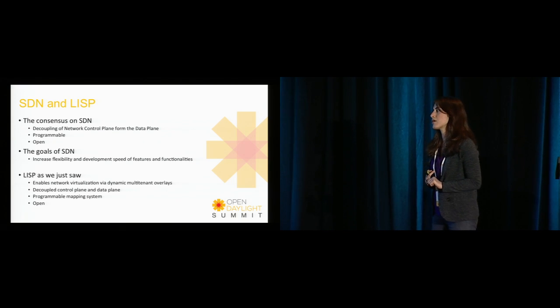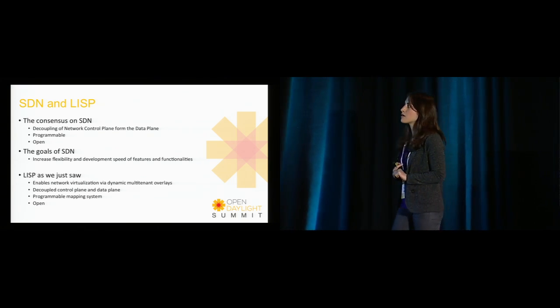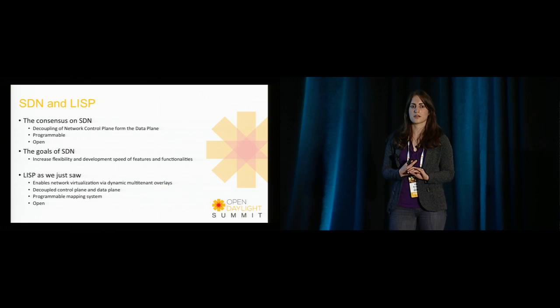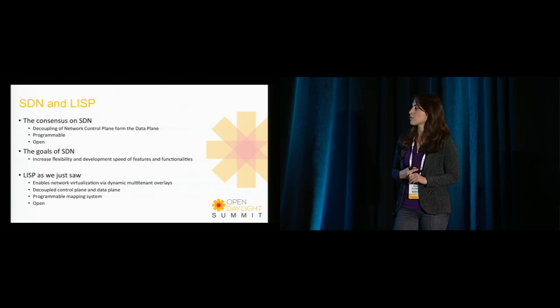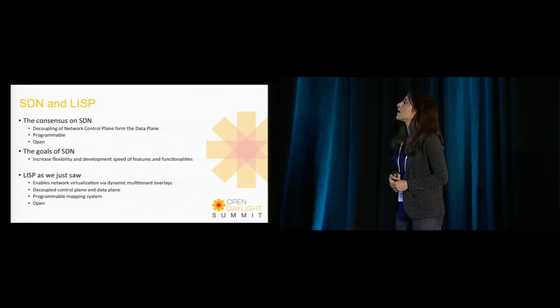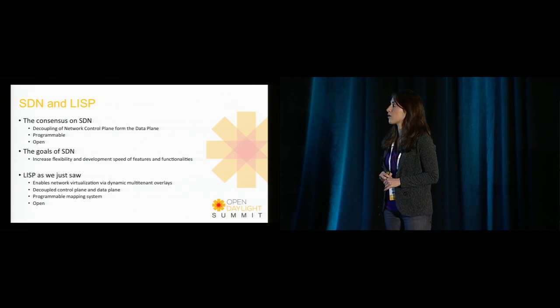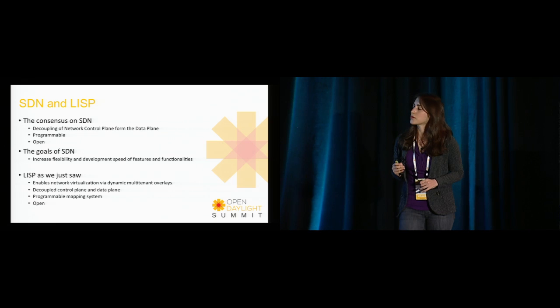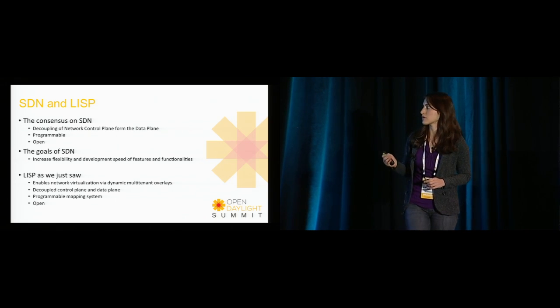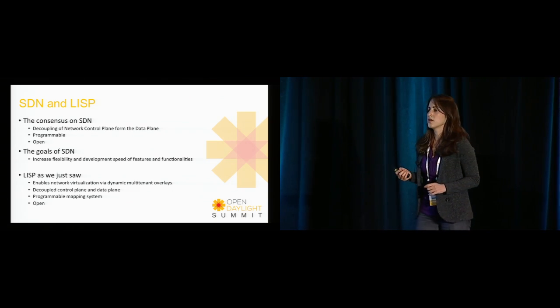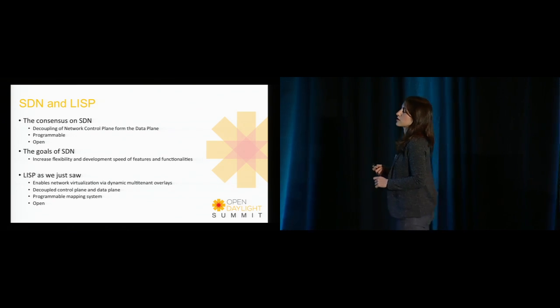These are the three properties that I think the SDN community agrees on that would be the common denominator for an SDN supported network. And these are all properties to reach the goal of increasing flexibility and development speed for adding features and functionalities into the network.